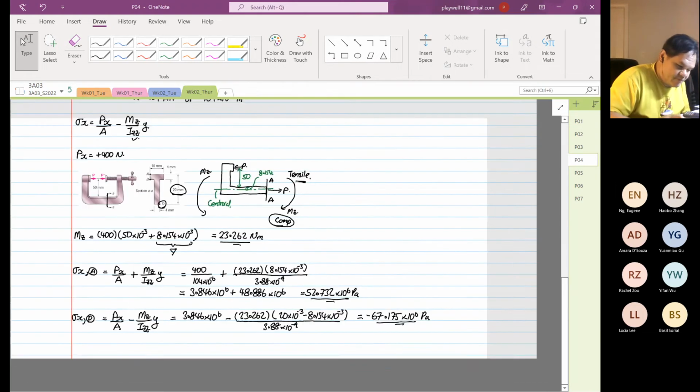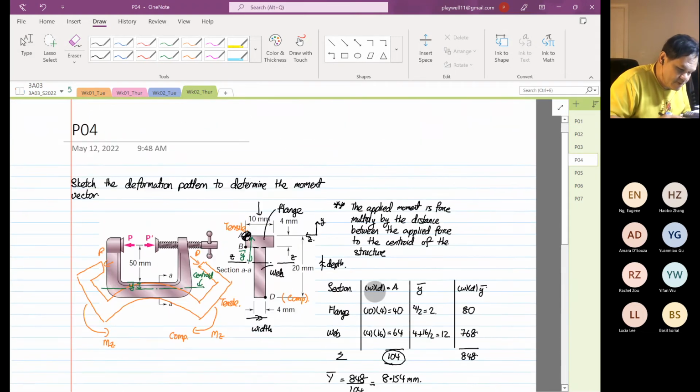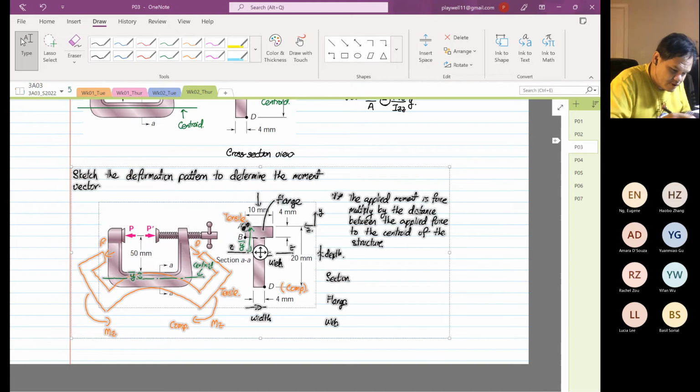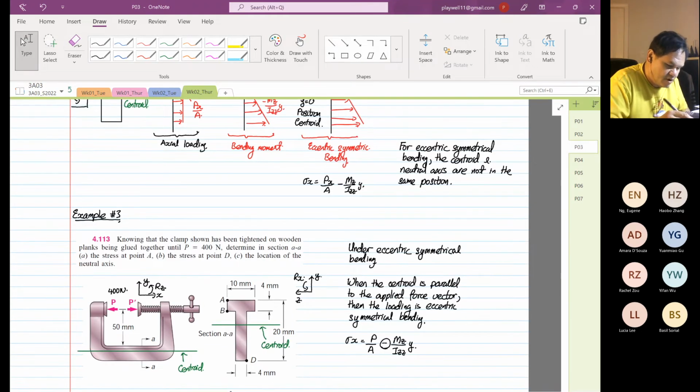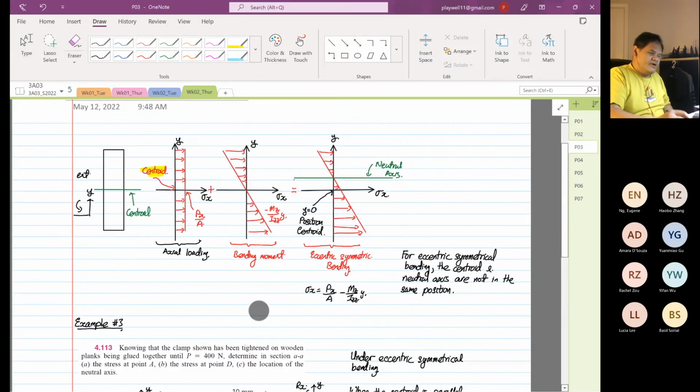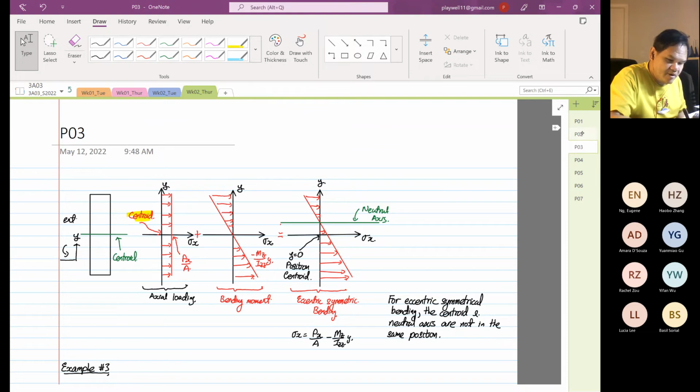Then the question even further asks us to determine, okay, so let's go back to the question. It asks us to determine the location of the neutral axis. Now, the location of a neutral axis is in fact very easy to find for this case. It's not as complicated as when we were doing eccentric unsymmetrical loading.